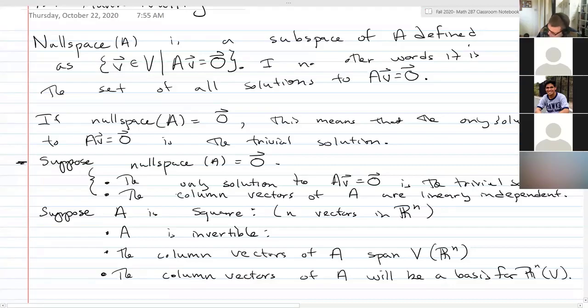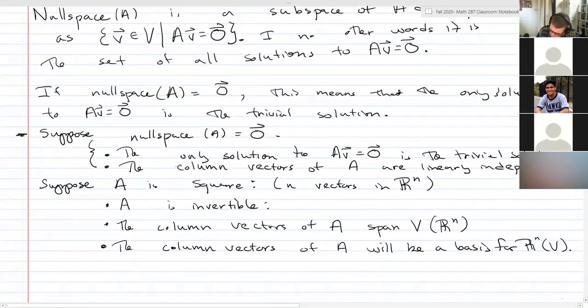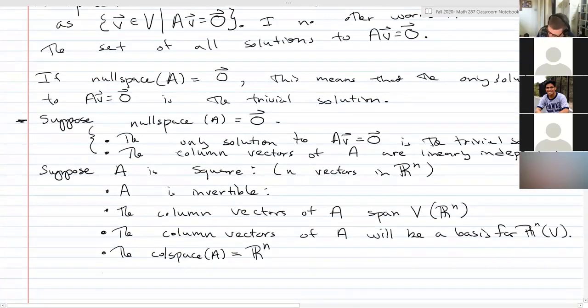We're going to talk about that more. So if the column vectors of A are a basis for Rn, then the column space of A, which is spanned by the column vectors, equals Rn.